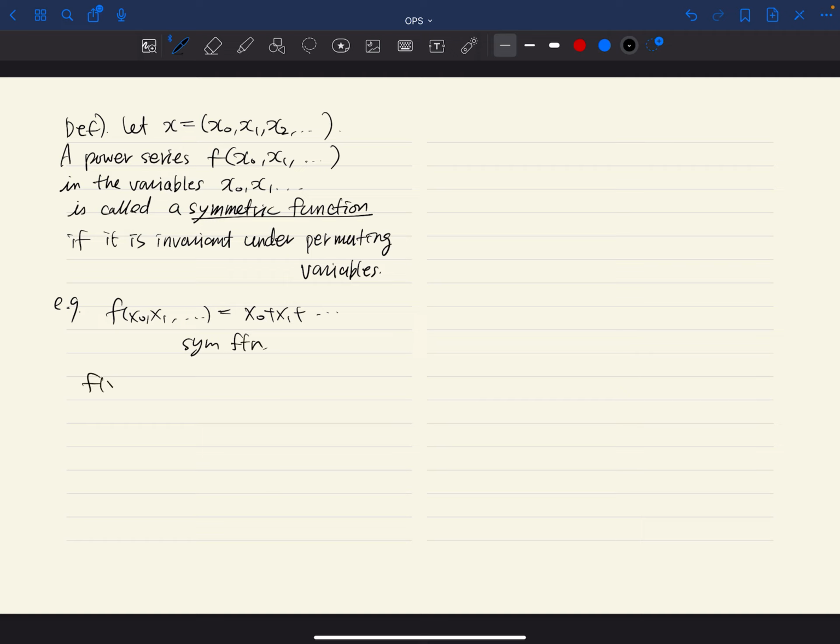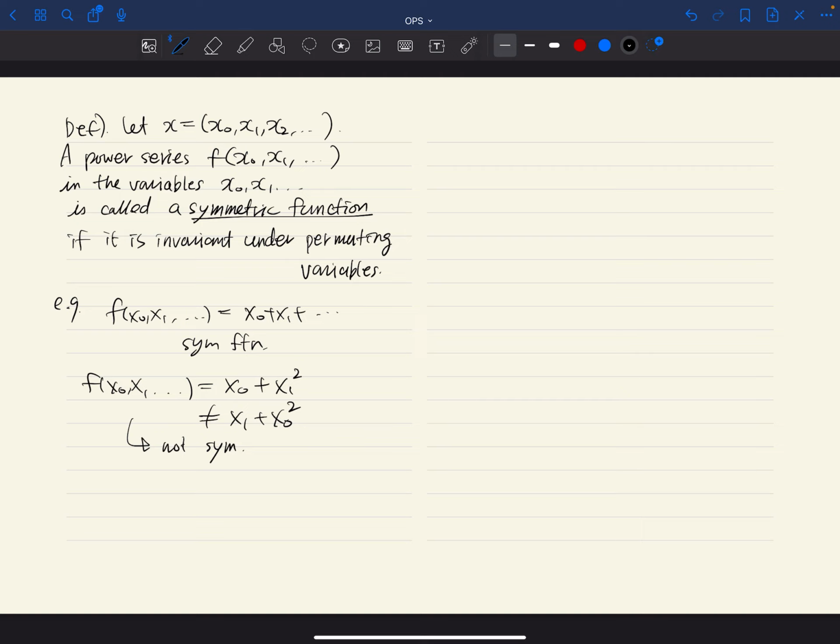But if you define something like x0 times x1 squared, it could be a polynomial. It's not symmetric. Because if you permute x1 and x0, this is not equal to x1 times x0 squared. So it's not a symmetric function. The symmetric function is something like the sum.